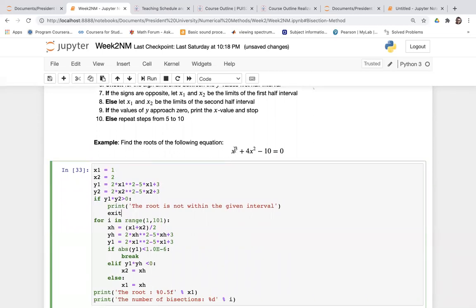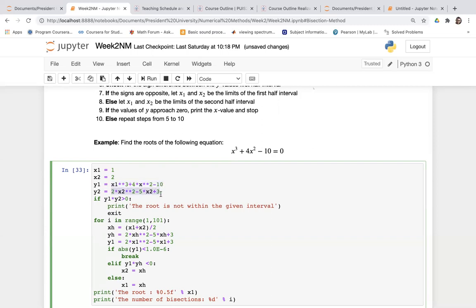In Python, power is written like this: x1 star star 3, plus 4 times x star star 2, minus 10. So this is the value fa1.